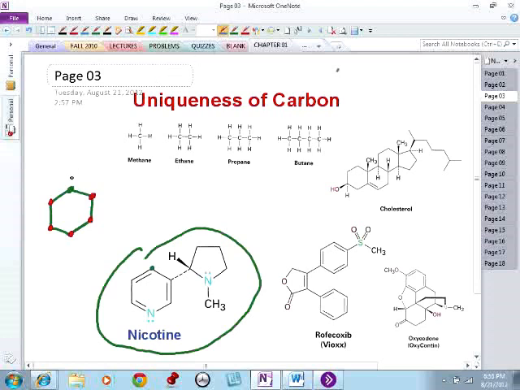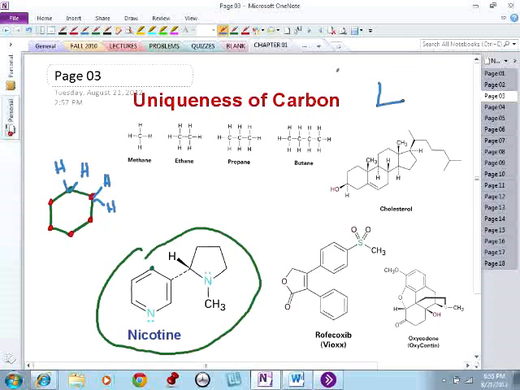In other words, this is just a shortened form of drawing all of them out. Whenever you see the intersection of two lines, that means a carbon atom. If you do not see any other atoms attached to that carbon, assume that those other atoms are hydrogen.